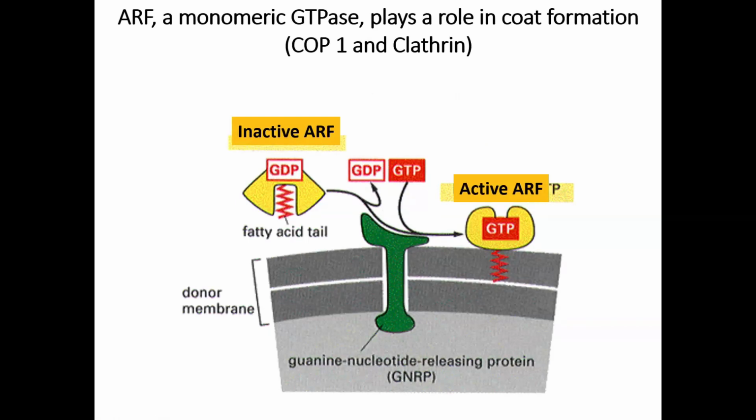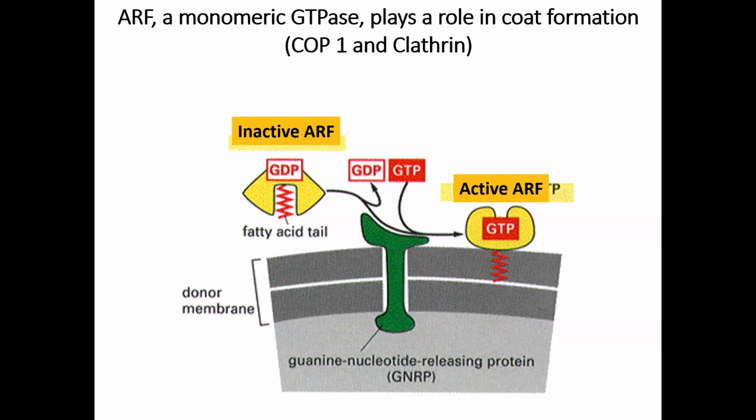We will talk about the destination in a second, but this is the second mechanism we are talking about. This is the ARF, so all COP1 as well as the Clathrins use this method. It is a little bit different compared to SAR1. With SAR1, the entire molecule is a protein, and there is a hydrophobic tail that is tucked into the protein when it's bound to GDP.